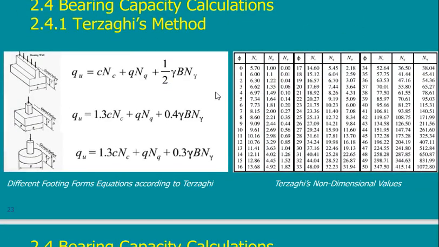You see, this is the equation and this is the table. He said that for phi from 0 to 50, these are the values of NC, NQ, N gamma that you can use. So if you know the phi angle of the soil, then you can get NC, NQ and N gamma.